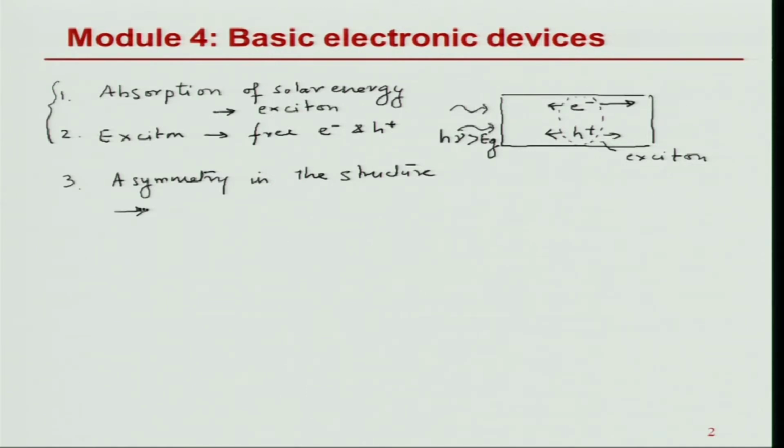So, some asymmetry has to be built in the structure, and that allows the electron and hole movement in opposite directions.